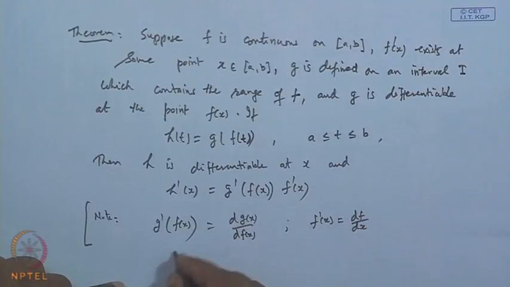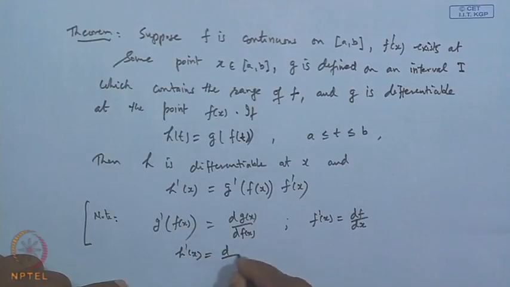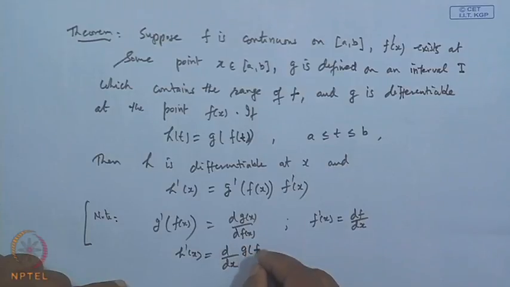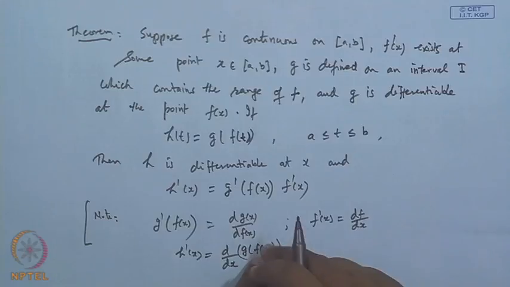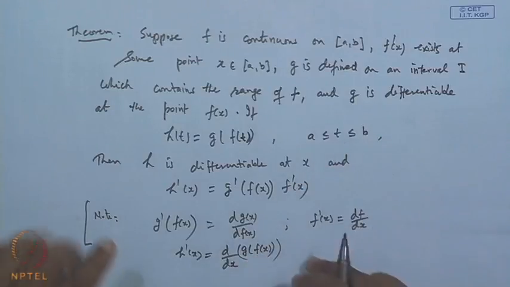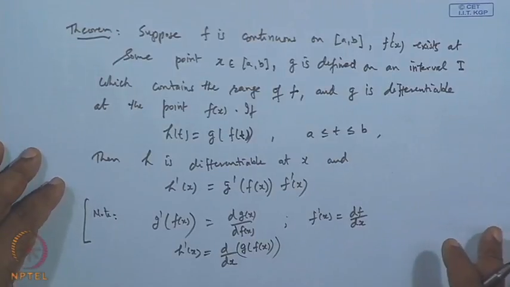So, when we say h dash x, it means we want to differentiate the composite function g of f x with respect to x. Since g is a function of f, first we differentiate with respect to the inner function, and then that function with respect to x. That will be the idea.